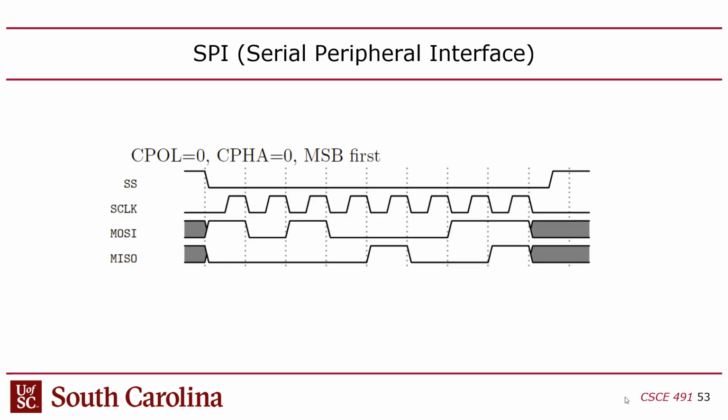Likewise, there's a C-fa, which is clock phase, and that determines whether the receiving side, now remember, both sides receive, right? The slave receives and the master receives, depending on if you're talking about MOSI or MISO.